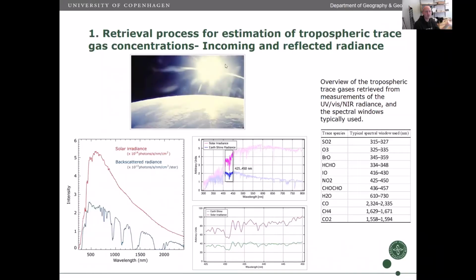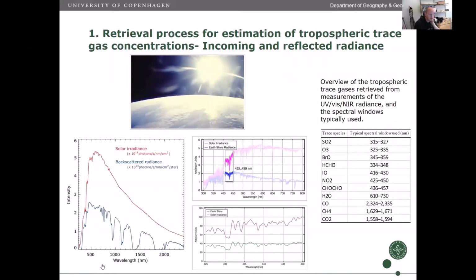So we start with incoming radiation from the sun and reflected radiation back to space from Earth. And the amount that is coming in is heavily dependent on wavelength, so that more radiation is coming in at the near infrared and the visible wavelengths, less radiation is coming in at the shortwave wavelengths, and less is also coming in at the ultraviolet wavelengths.